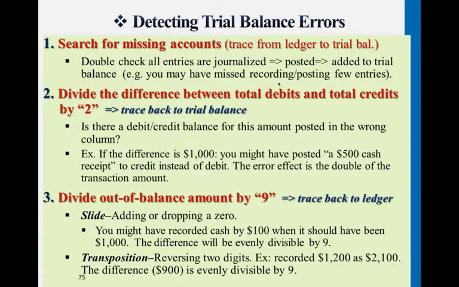So here's an example. Let's say the company received cash based on providing service revenue to a customer, and for example, it's worth $500. For this transaction, we'll be debiting cash because we're receiving cash. We'll be crediting service revenue. This is the correct case.